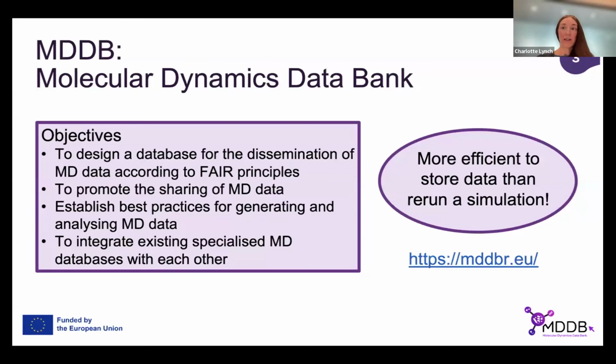Instead of having to delete those, it'd be nice if we could store them. That would mean that other people could look at those trajectories and use them for different analyses, and it would also mean that our data is more reproducible. If you're interested in more of our work and our news, there's the website here that you can look at.